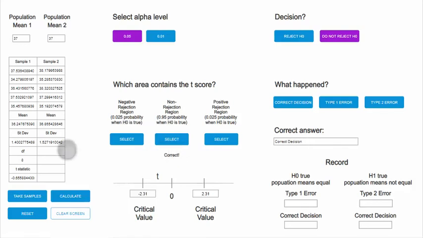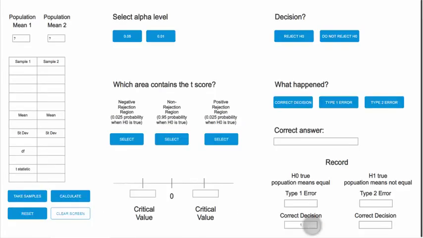And if we click on Reset, that's going to record our correct decision right here. So what this is saying here in our record is the population means were equal and we made a correct decision.